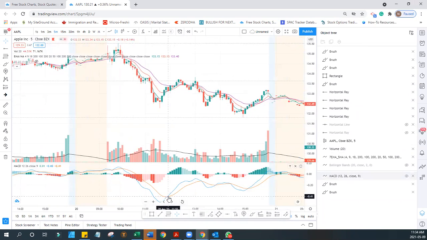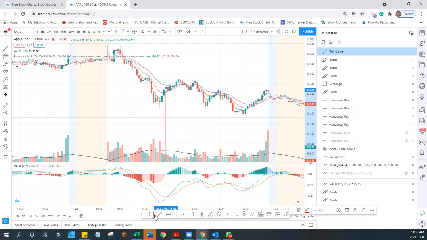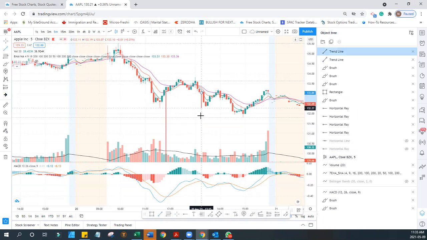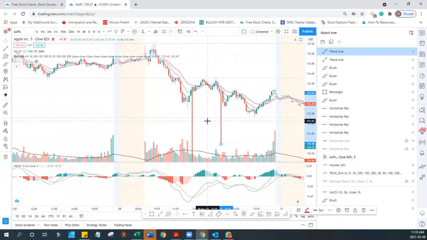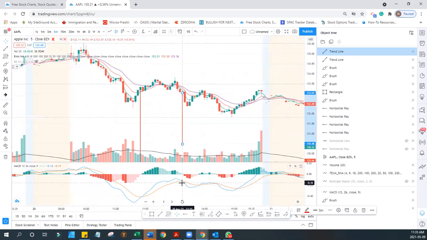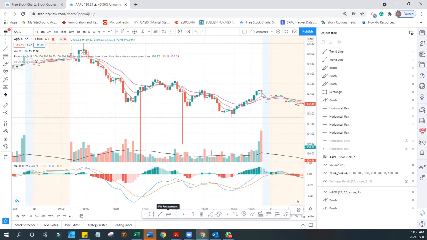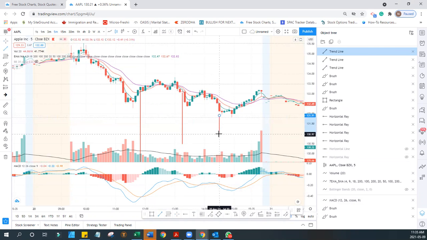If you see here, MACD asks you to buy here, and then it gives the signals here and here. But the price is falling and it gives another signal here, but your EMA and the price action were down.